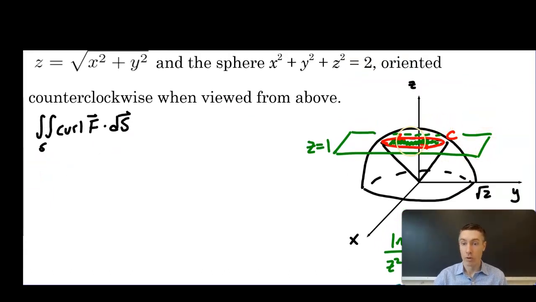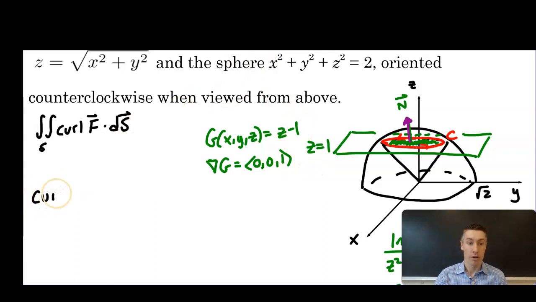With the right-hand rule, the normal vector is going to point upwards. And maybe I'll highlight that in purple just to give us a different color there. Okay, so our surface is z equals 1, so we could say that g of x, y, z equals z minus 1. Gradient of g is 0, 0, 1.